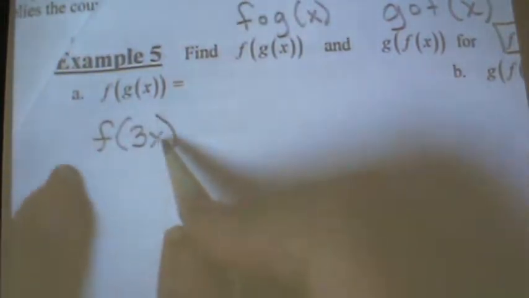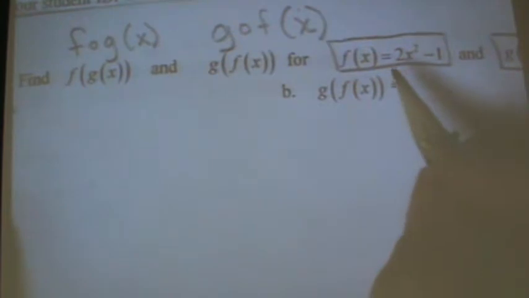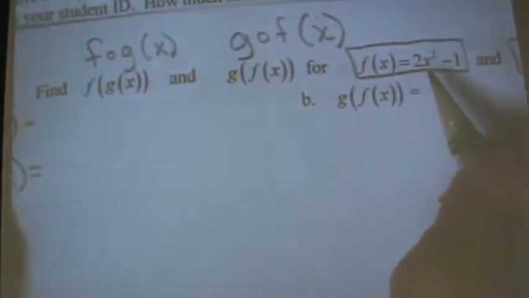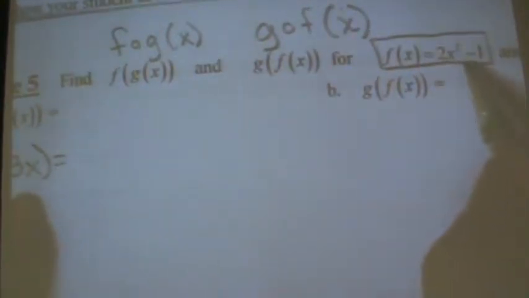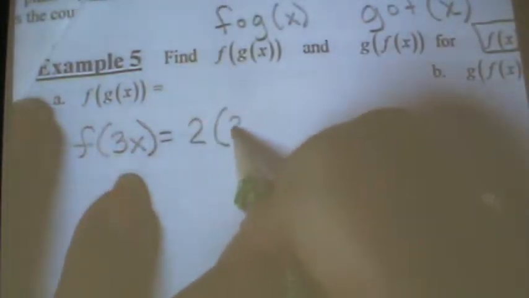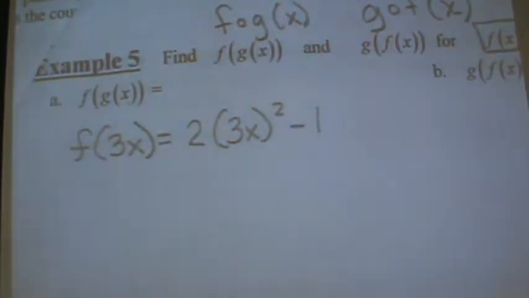That result goes into the f function. So where is f of x? It's right here. Where you see x in this problem, you're going to substitute 3x. So you do 2 times 3x squared, and then minus 1.